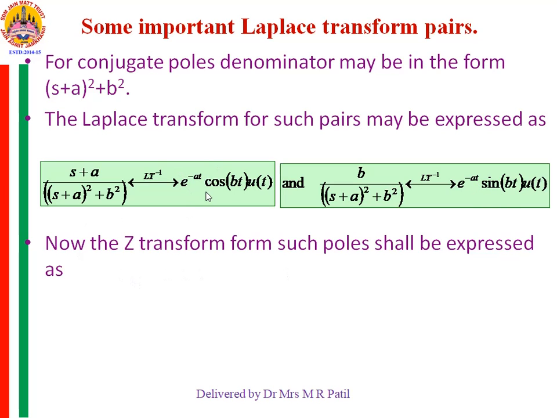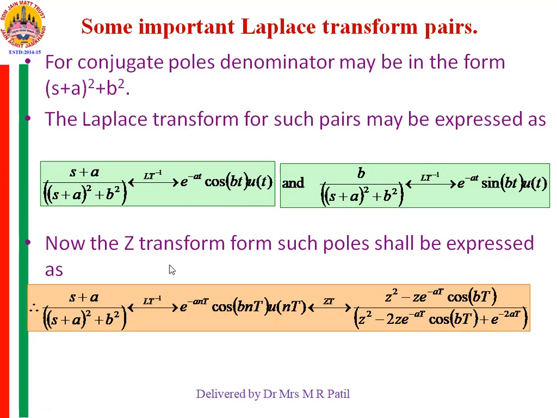Now if you have such an h(t), then you have to obtain the z-transform. It will be in the form of r raised to n cos bn u of n. In place of r you have e raised to minus at, and b is bt.